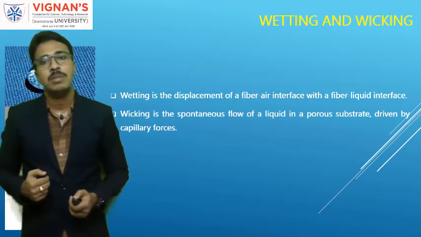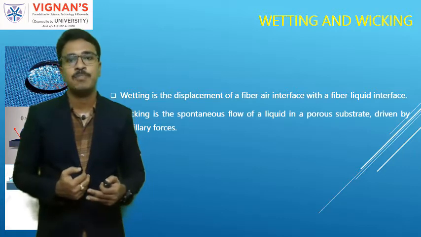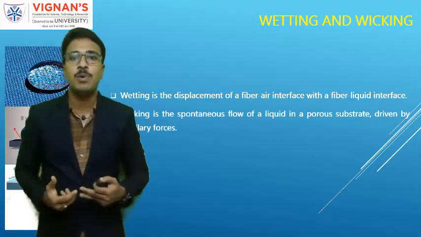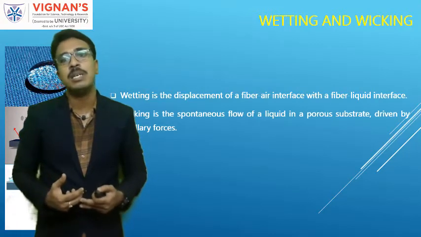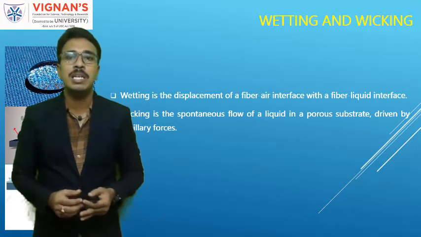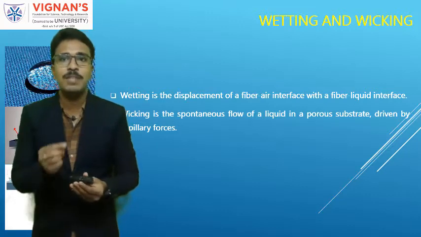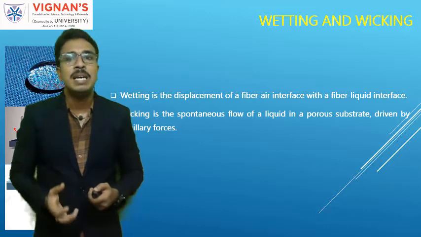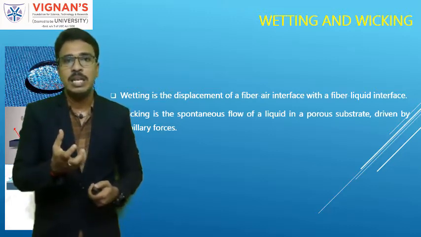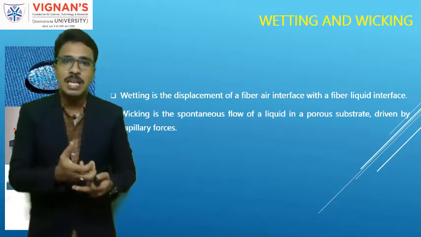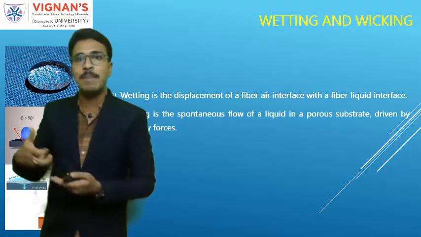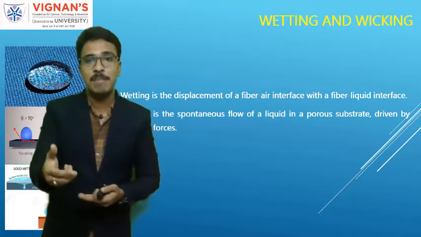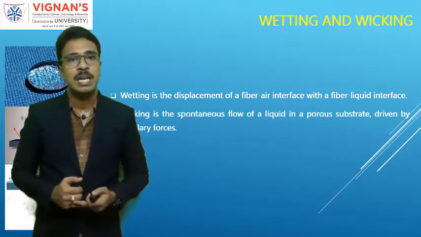Okay. Now if you look at wicking, wicking is the spontaneous flow of a liquid in a porous substrate. A porous substrate is nothing but our fabric surface, which has fine pores or fine holes, driven by capillary forces. So the liquid flows through the capillary pores because of the capillary forces. Understand?